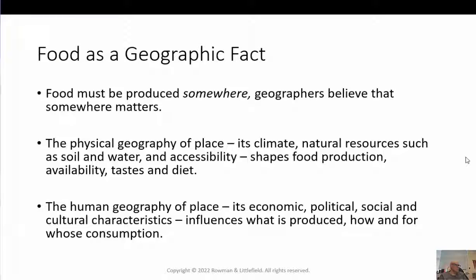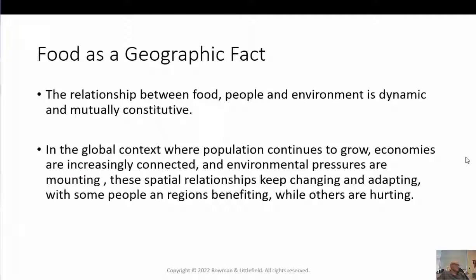We also look at the human geography of place: economic, political, social, and cultural characteristics related to consumption and spending patterns. And we have access to tons and tons of data out there that looks at this access, who spends on what, and what types of food locations are located in particular places.